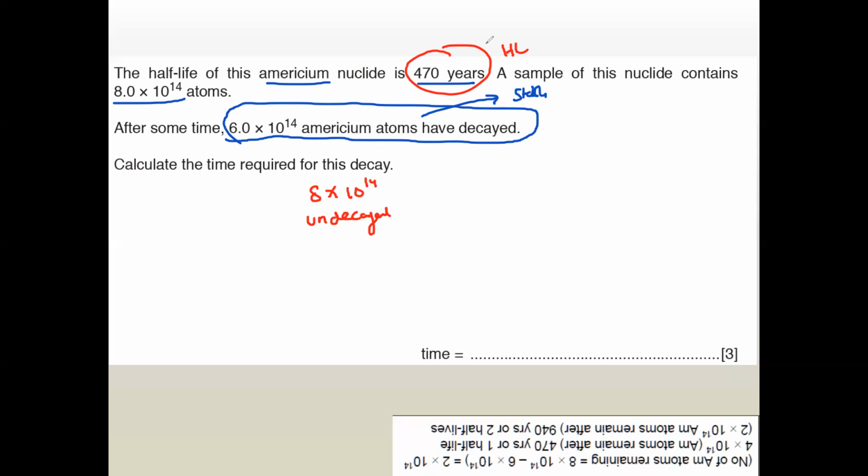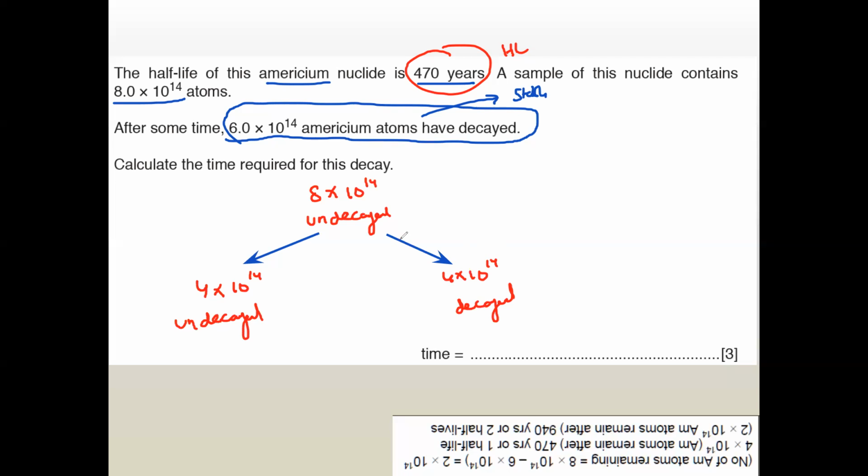Then after the half-life, what happens? It becomes half of its original value. So 8 exponent 14, half is 4 exponent 14. So 4 exponent 14 will be undecayed out of the total, and 4 into 10 to the power 14 will be decayed.